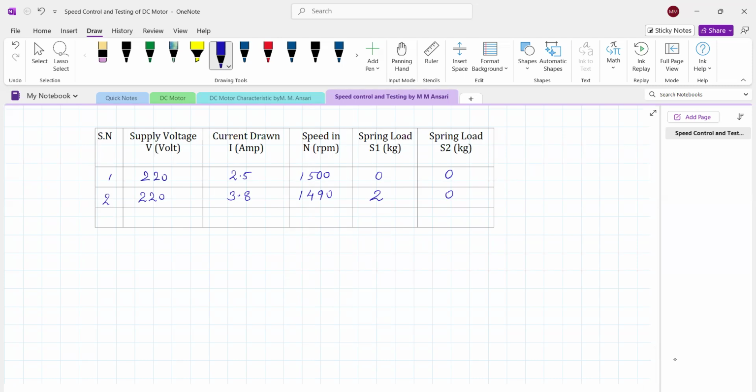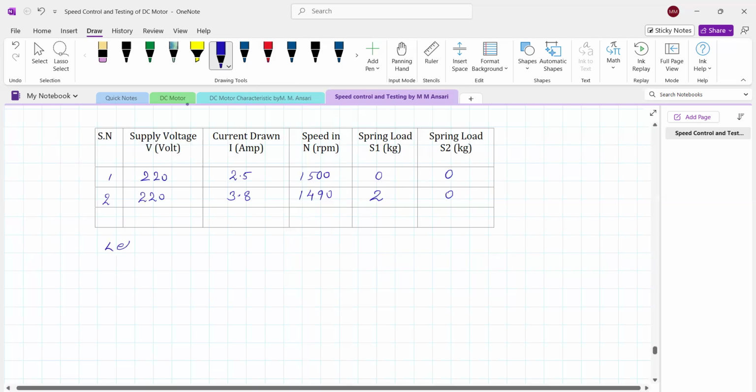For that purpose, we have to measure the diameter of the pulley or the radius of the pulley. So we will consider the pulley radius. Let R be the radius of the pulley in meter.